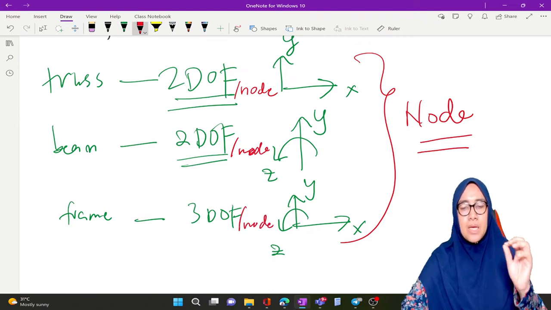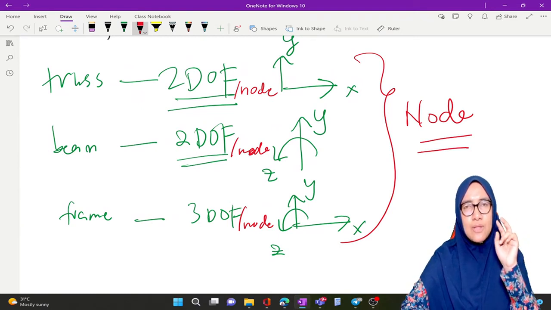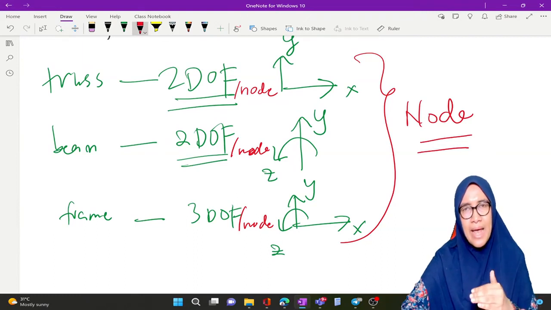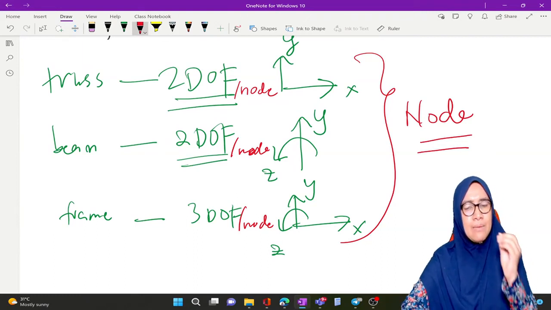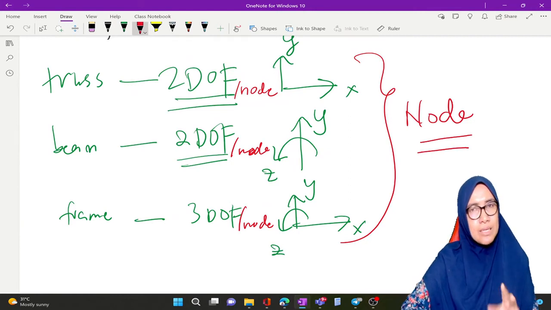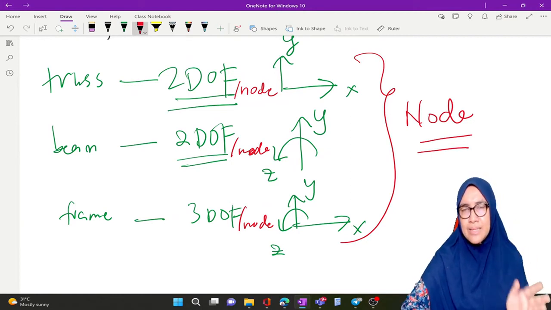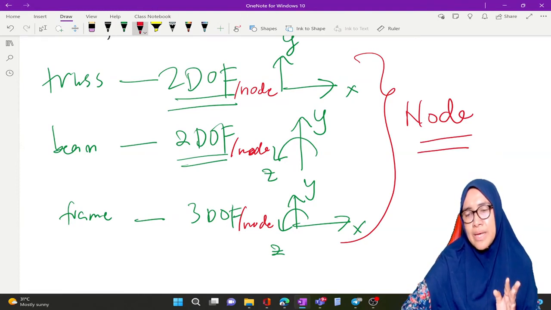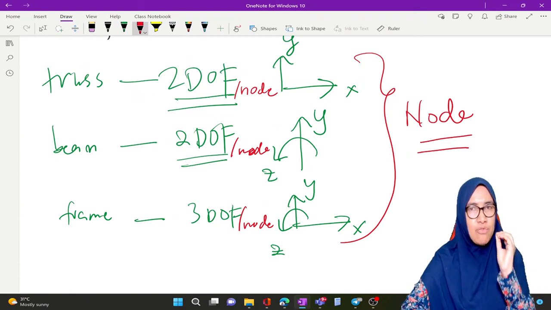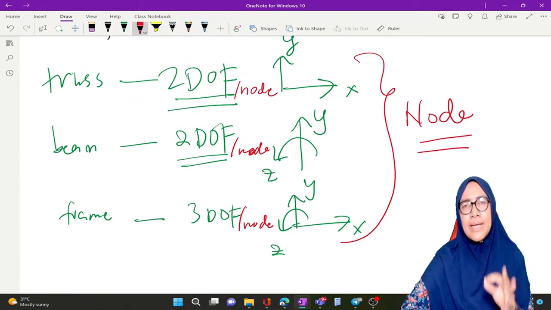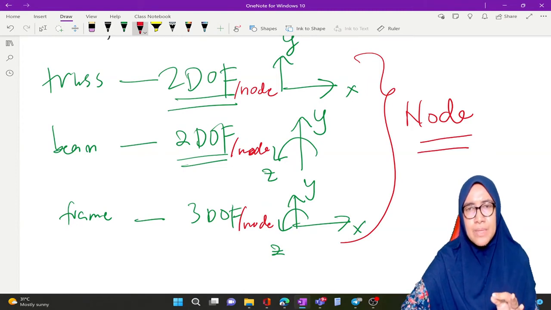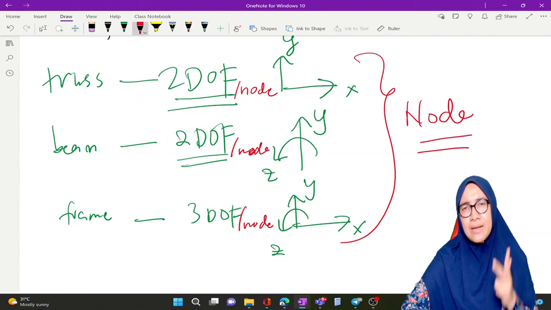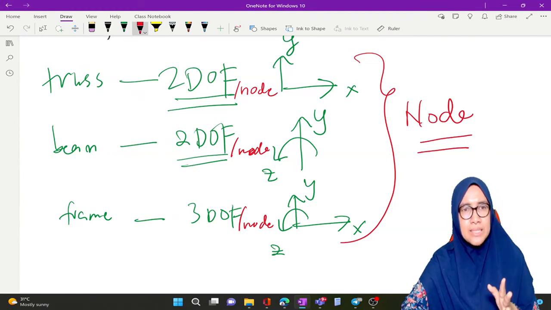In beam, there are 2 degrees of freedom per node, in Y and in Z component. Component may be the best word. And for frame, there are 3 degrees of freedom per node, in X, in Y, and in Z component.